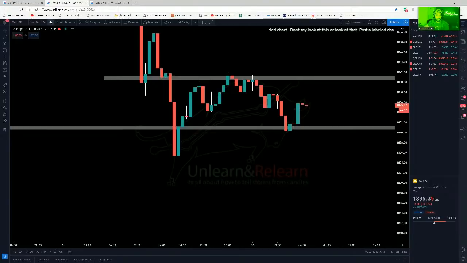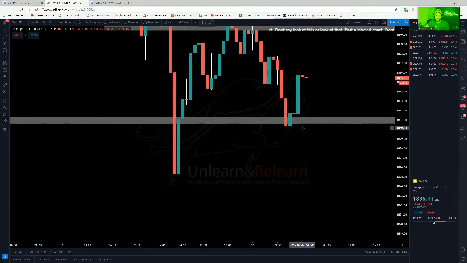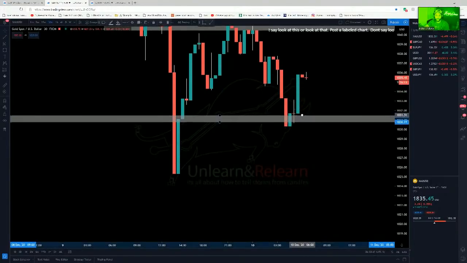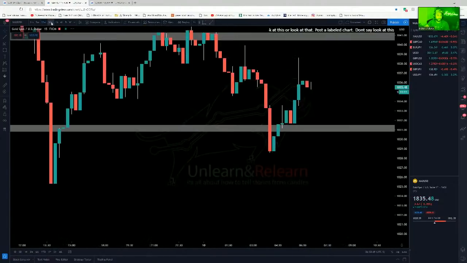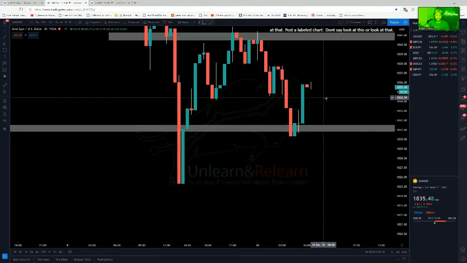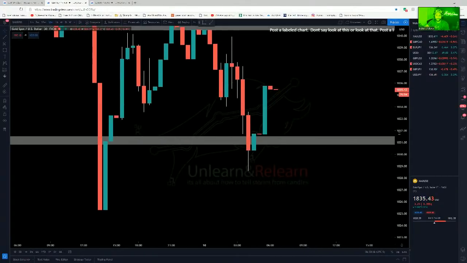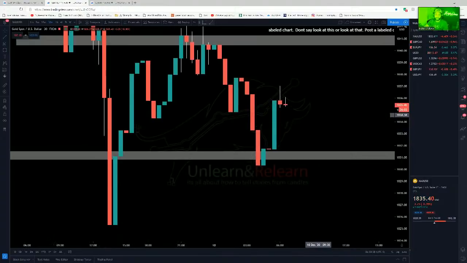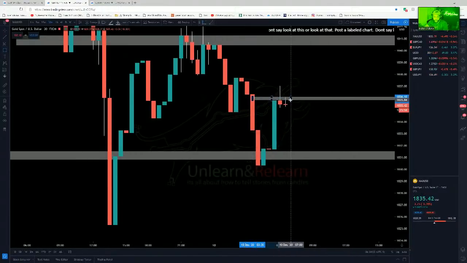Looking down to the 30-minute time frame, we can see a support form down over here and probably some sort of rejection area over here as well. Gold is in a very weird spot right now. For gold to continue moving up, you'll need it to break above 1836.